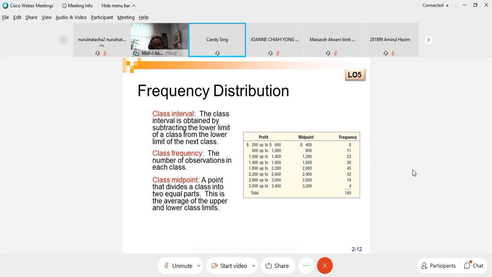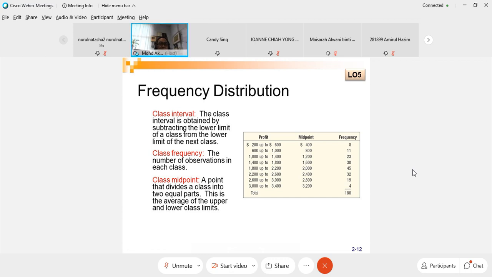The class interval is obtained by subtracting the lower limit of a class from the lower limit of the next class. Class frequency. The number of observations in each class. Class midpoint, a point that divides a class into two equal parts. This is the average of the upper and lower class limit. Thank you, doctor. Welcome, Candy.